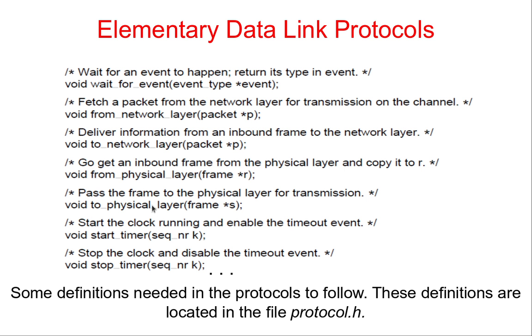That acknowledgement frame must be received within some time frame, and to indicate that time frame, we start a timer. So start_timer is given the corresponding sequence number for a particular frame. A timer will be started for a frame having that sequence number.